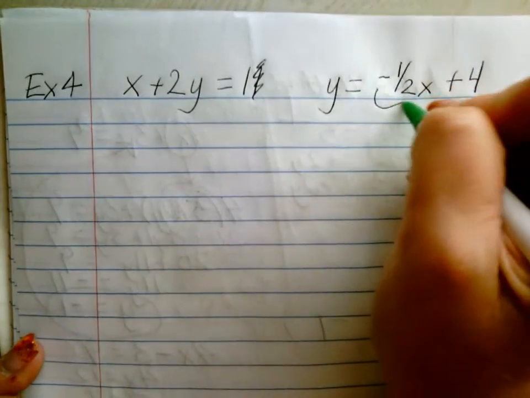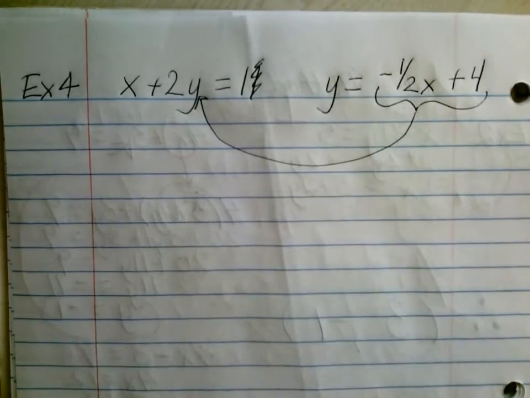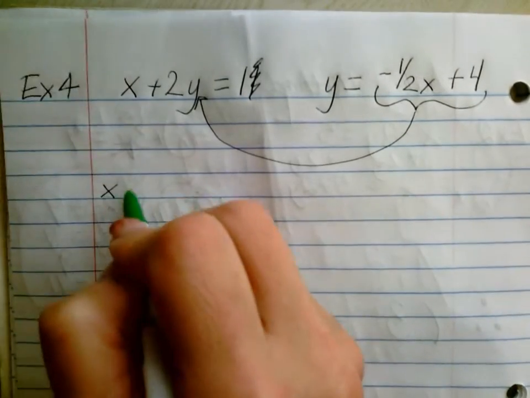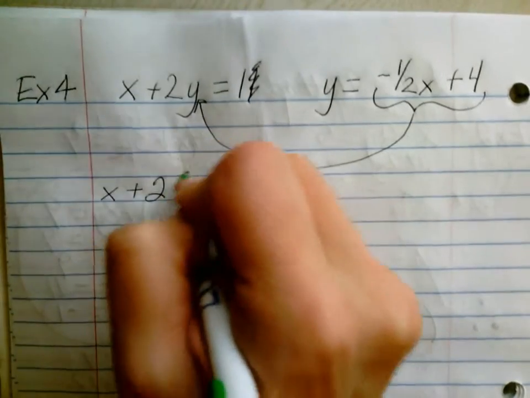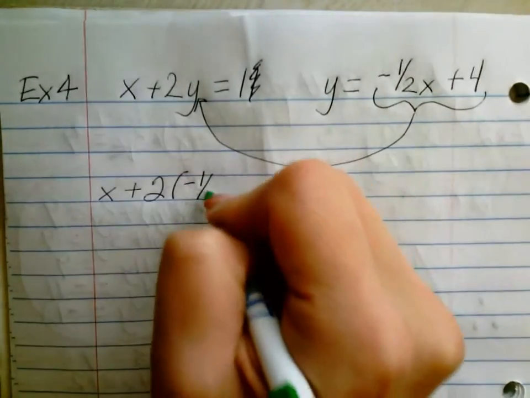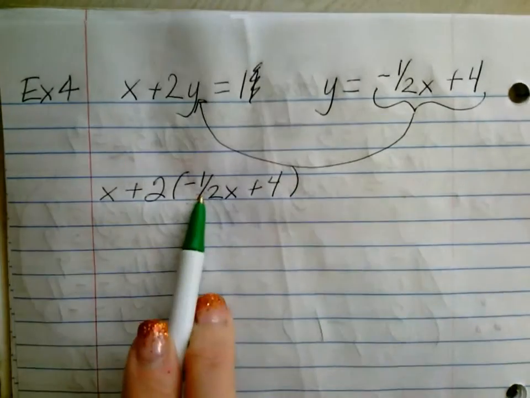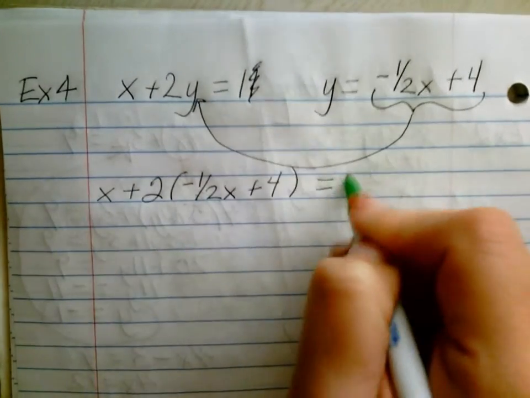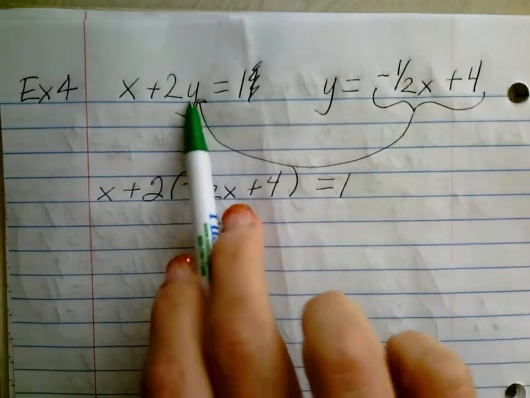So this mess can get substituted for the value of y, which will look like this. x plus 2 times negative 1 half x plus 4, because this is y, equals 1. Okay? y is this, so we substituted it in for y.